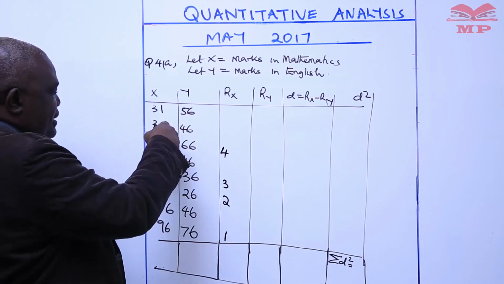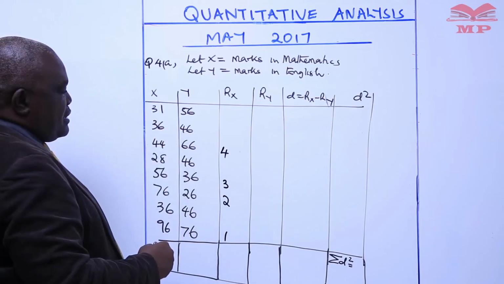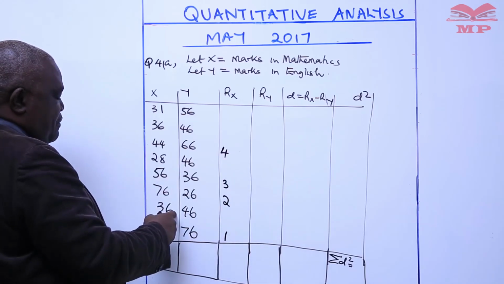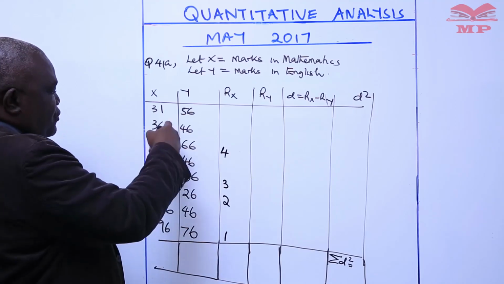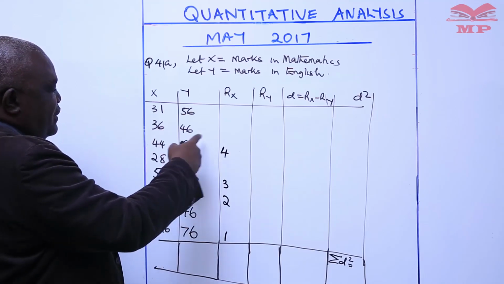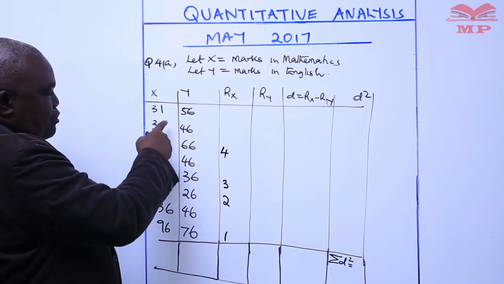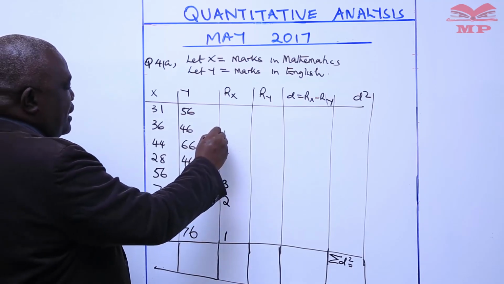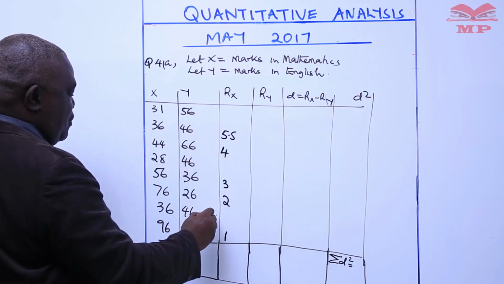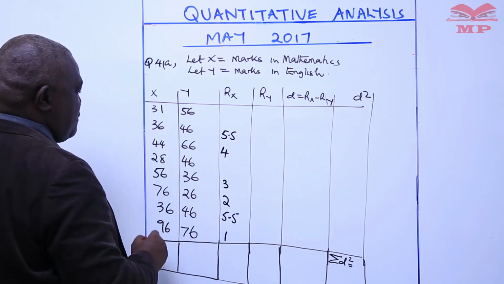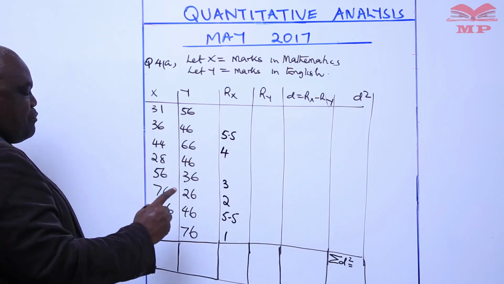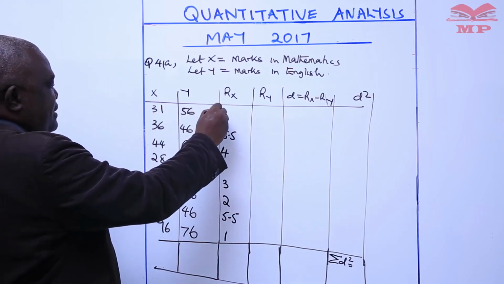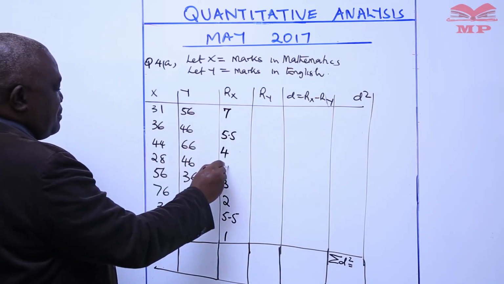Therefore, the rank to be assigned to these two is the average between 5 and 6, since they follow each other. 5 and 6 average is 5.5. So here I'll write 5.5, also here 5.5. Next, after that, I move from 6 to 7. This would be given rank number 7. This last is rank number 8.